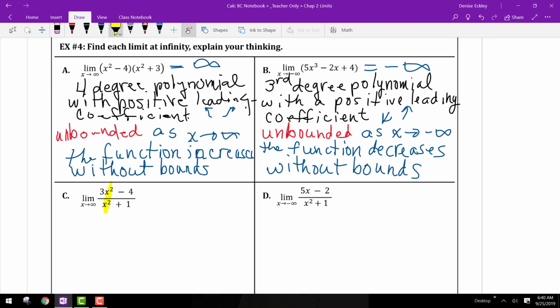Okay, the third one is a rational expression, and what we want to notice is the fact that the degree of the numerator and denominator is the same, so it's going to be the ratio of the leading coefficients. Let me sketch down the reasoning.